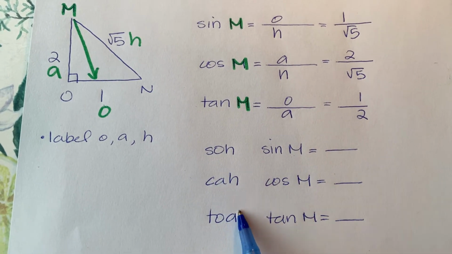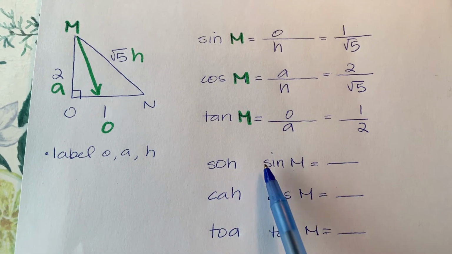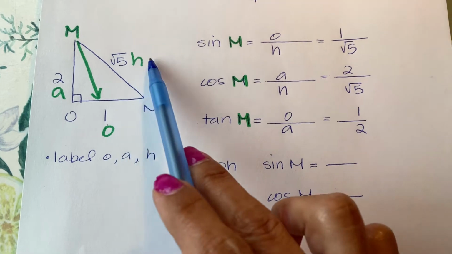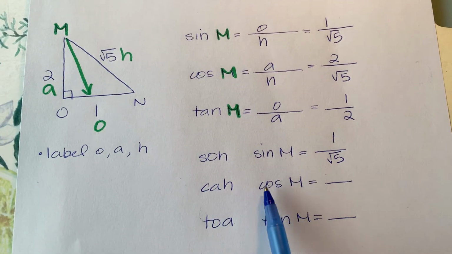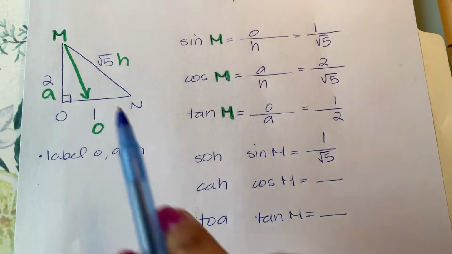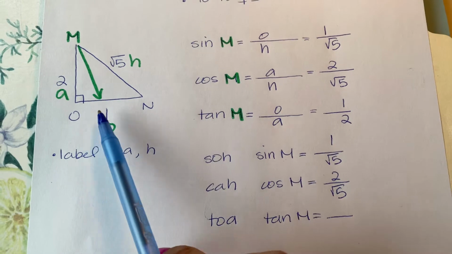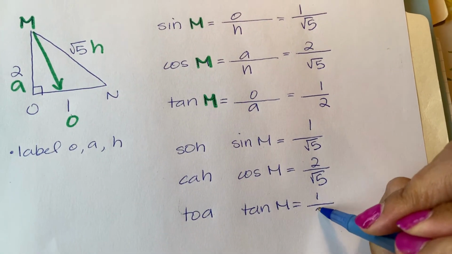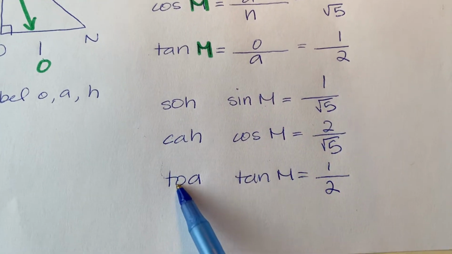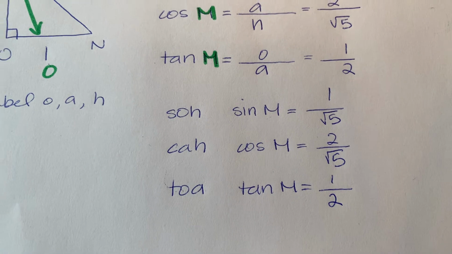Your third letter is your denominator. So sine is OH, 1 over rad 5. Cosine is AH, 2 over rad 5. And then TOA, OA, 1 over 2. So SOHCAHTOA tells you how to fill it in. Okay, so those are your answers.